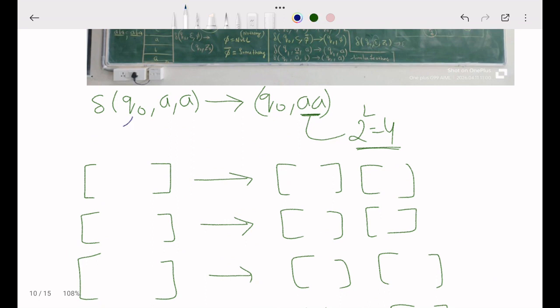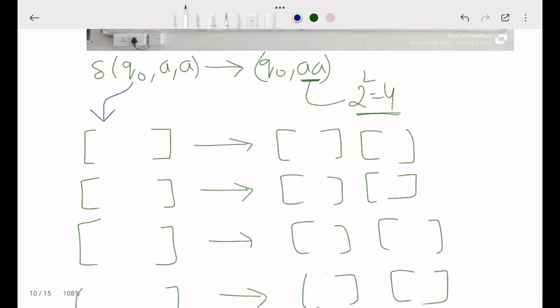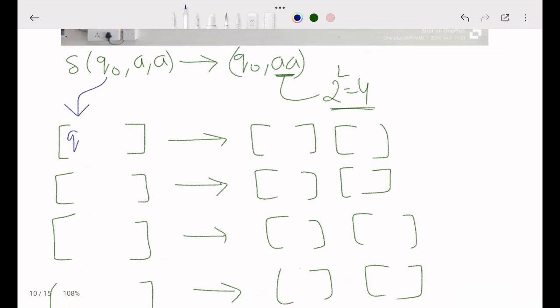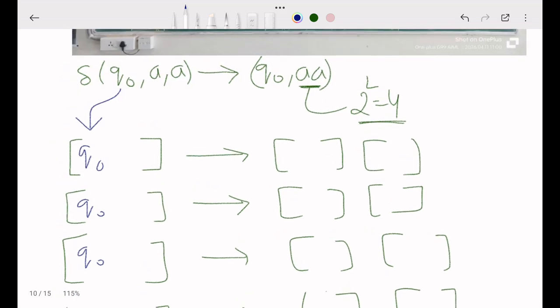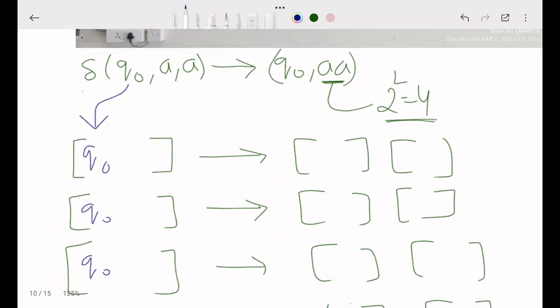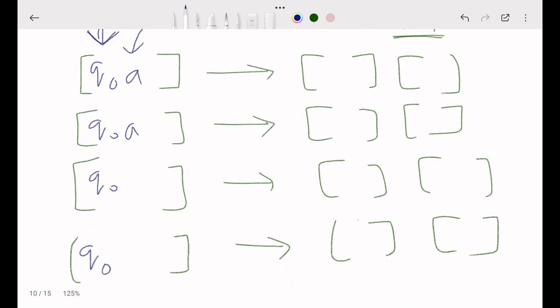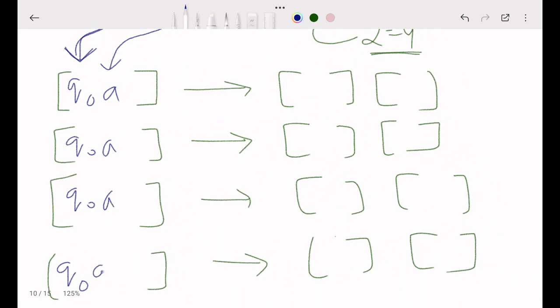Now this is the initial S. This you have to write everywhere: Q0 and Q0. Number first, this is my first one you have to write here. Now second, this value you have to write here: A and A and A. Done.